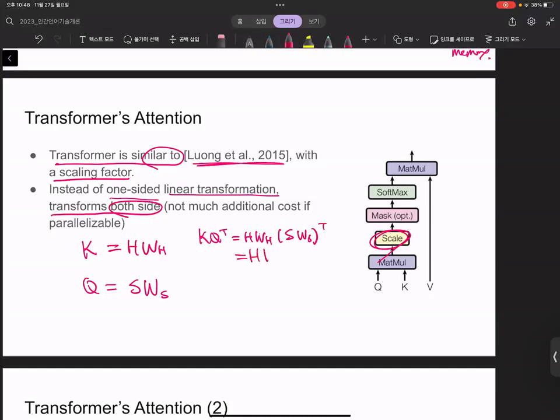This is equal to H, WH, WS transpose, S transpose.